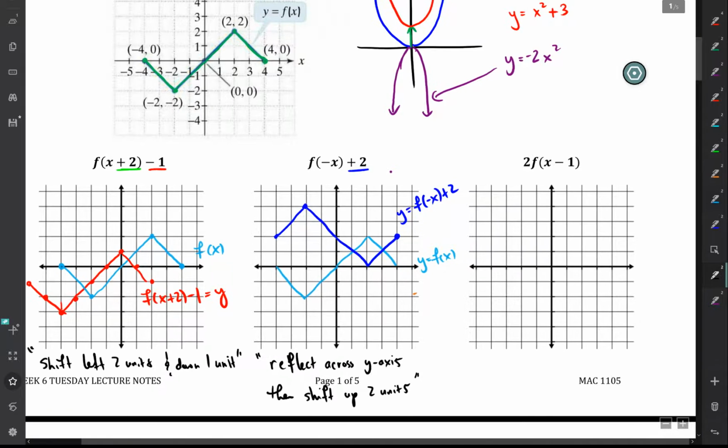Okay, and in this last one, because there's a 2 out here in front of the f of x, we're going to make this a vertical stretch by a factor of 2, and then we're going to shift to the right 1 unit.